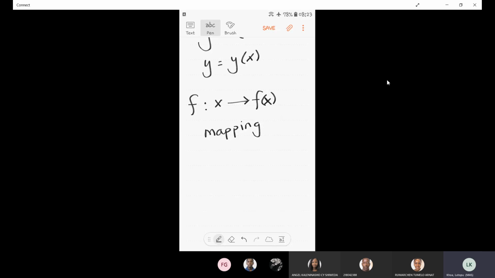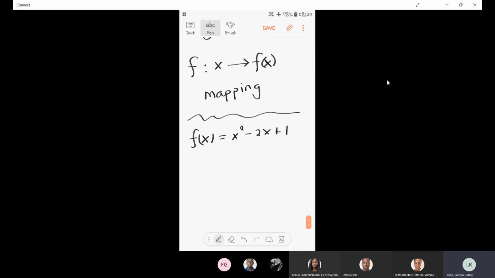That's what it means. Now when you're given a function, let's use the f of x that we have over here. So f of x is x squared minus 2x plus 1. I know what the output is when I put x in. Now what is my output when I put 1 in? Now that just means everywhere you have x, you will substitute 1.